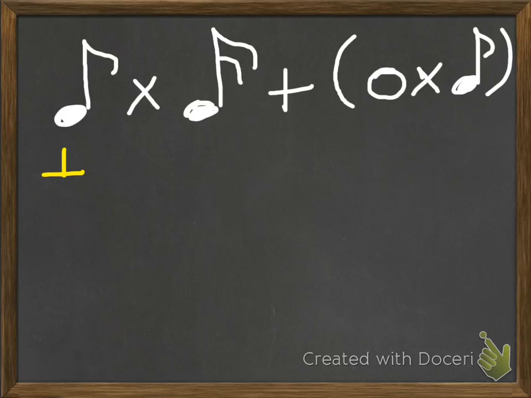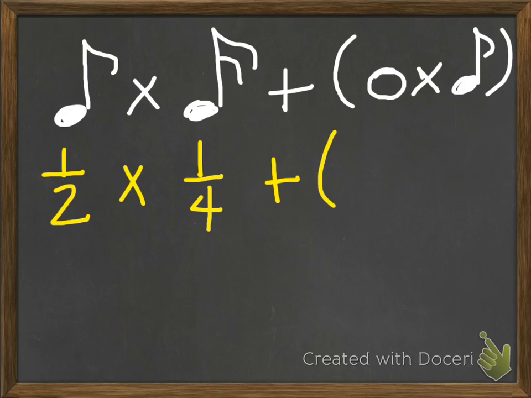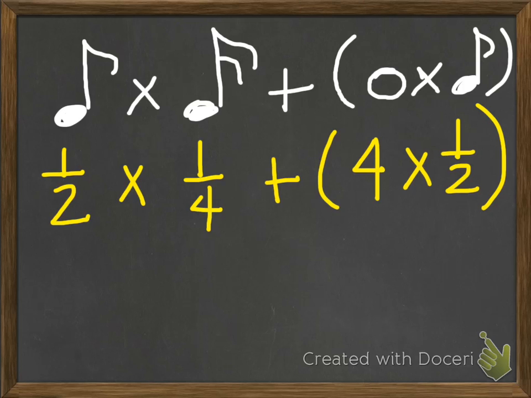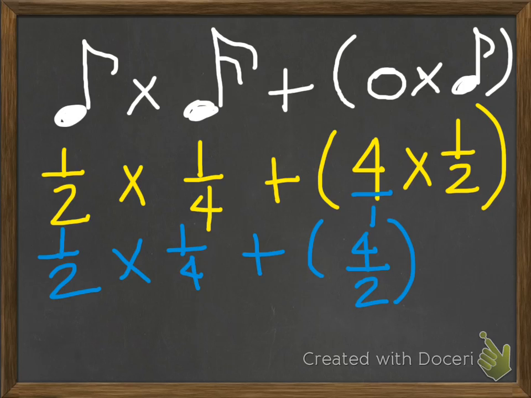Substitute. Okay. PEMDAS says parentheses first. So I'm going to copy down the numbers I'm not using. So doing my parentheses. 4 times 1/2. Put the 4 over 1. Multiply across. 4 times 1 is 4. Divided by 1 times 2 is 2. So 4/2 is what's left.